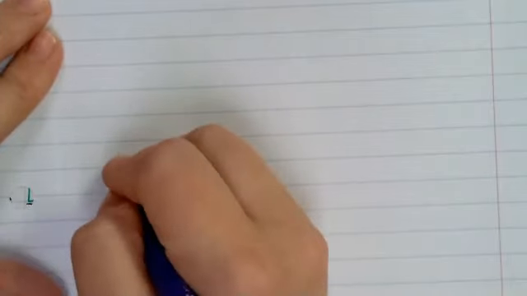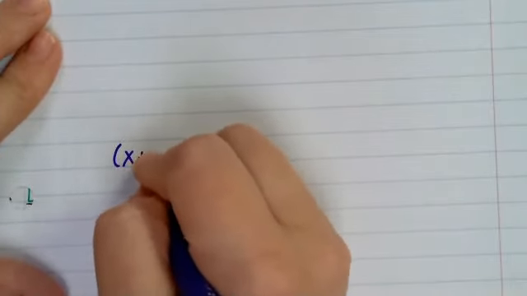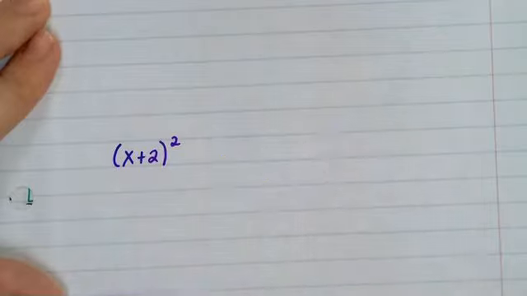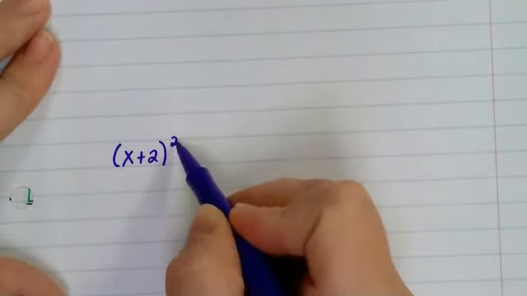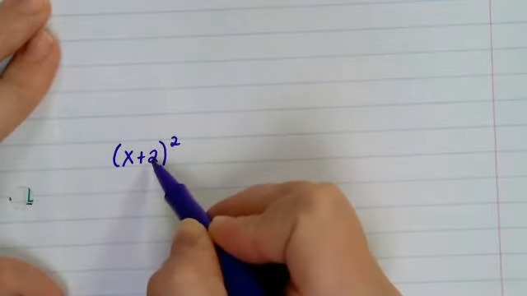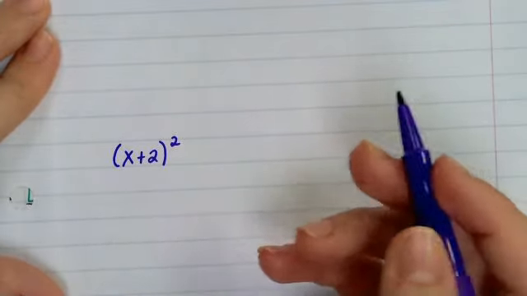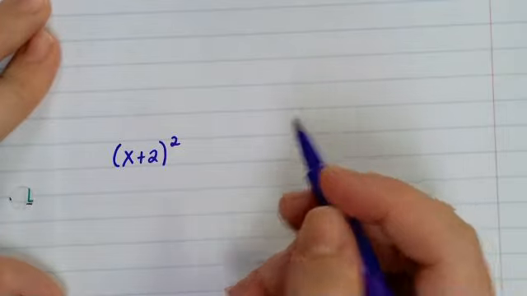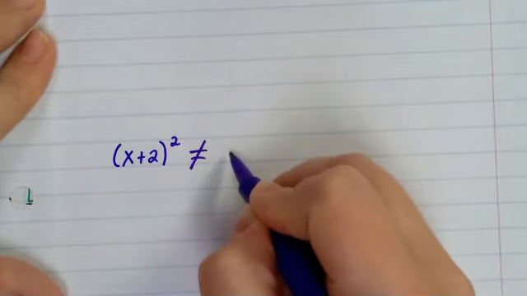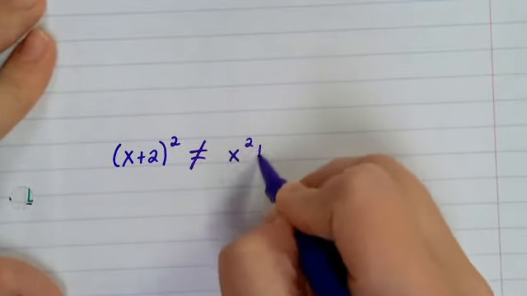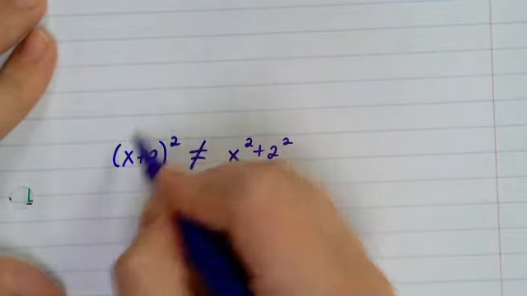Go to a completely unrelated thing, but it'll relate in a second. What if I was asking you guys about something like this? Is this the same as x squared plus 2 squared, x squared plus 4? No. This guy is not the same as x squared plus 2 squared. This does not distribute through.